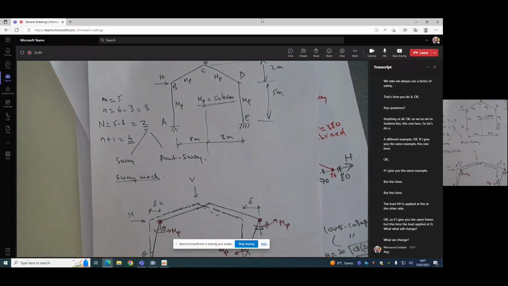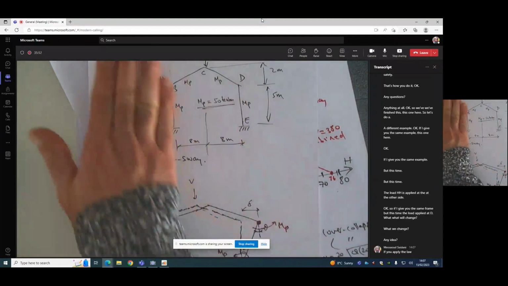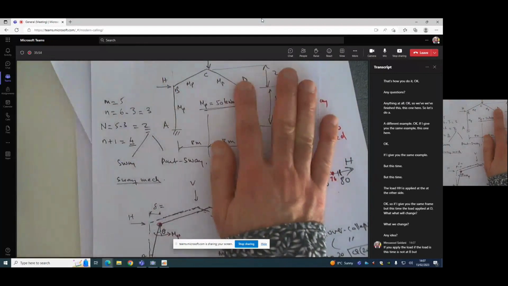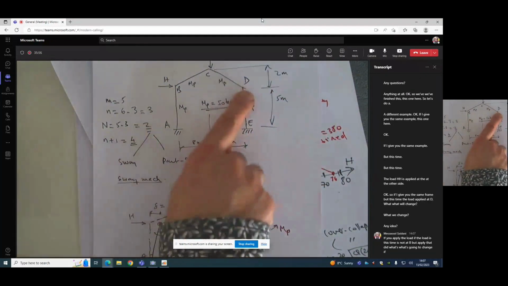Any idea? If the load is not at B but applied at D, what's going to change if you apply the load at this end?